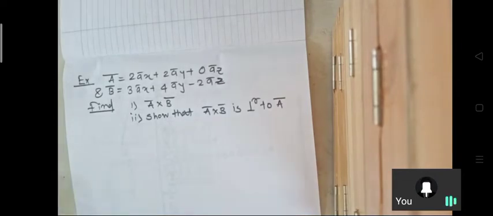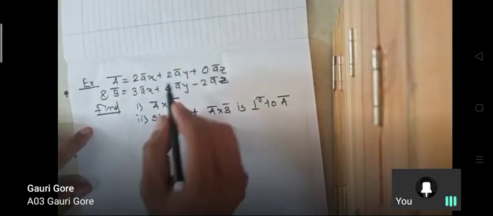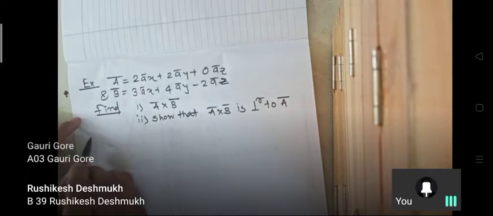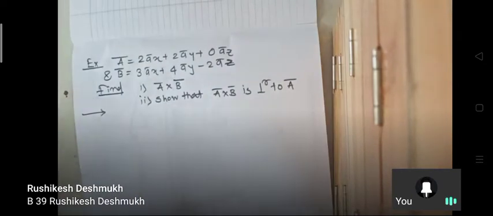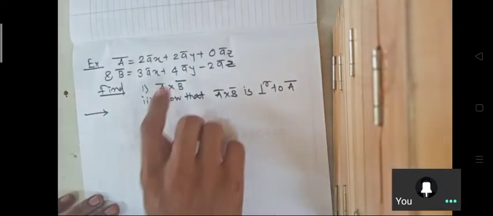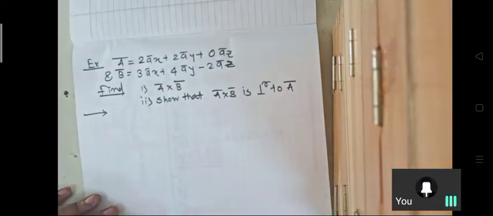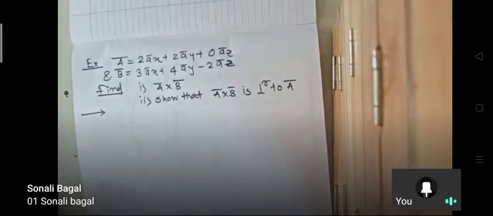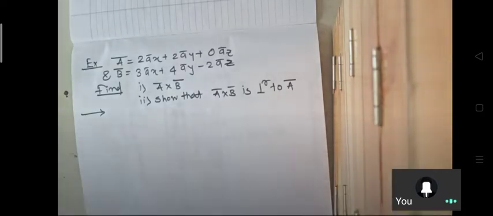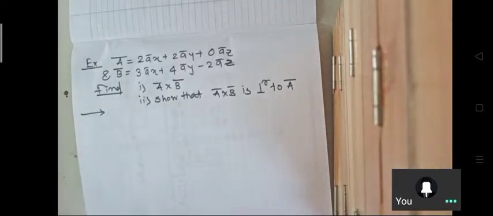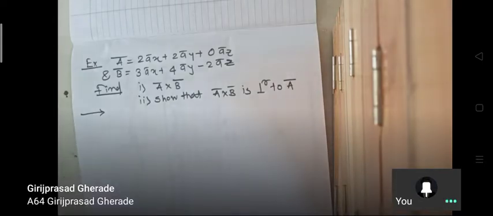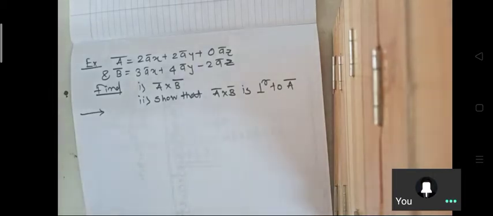So I think all of you are able to find a bar cross b bar by using the definition. So I instruct all the students to solve this for a bar cross b bar. Find this cross product. Same example. Okay, let me check.